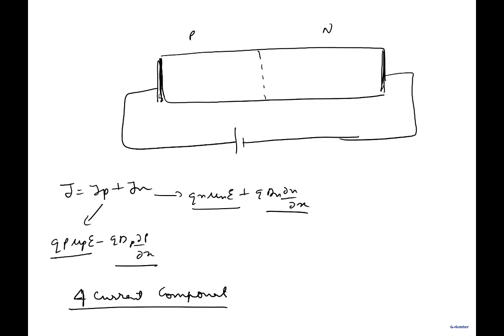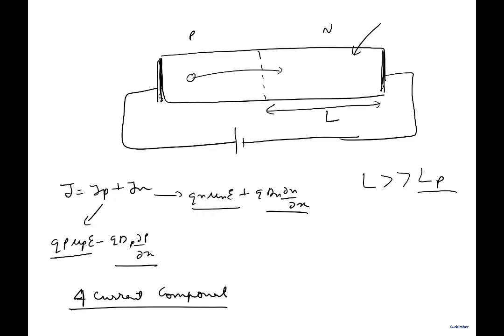Keep in mind that these lengths are very, very large. We are taking this L as very large, meaning much, much larger than the hole diffusion length. So if you think about what is happening, you have forward bias. Let's look at, for example, the current here. You have injected holes. But what would happen to these holes?